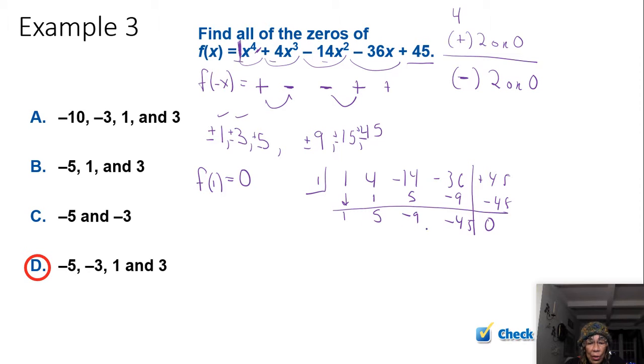So there's my depressed polynomial, which is going to be, since this was to the 4th power and I divided by an x, it's going to be x cubed plus 5x squared minus 9x minus 45. And again, actually, I could factor this one by grouping, couldn't I?